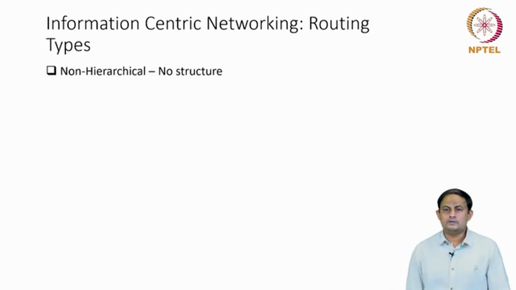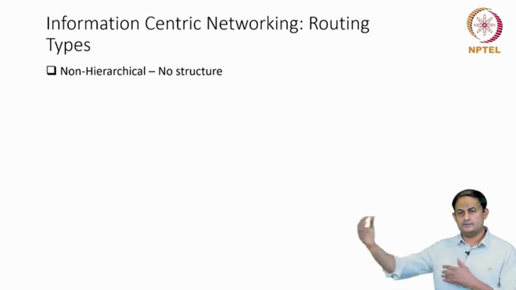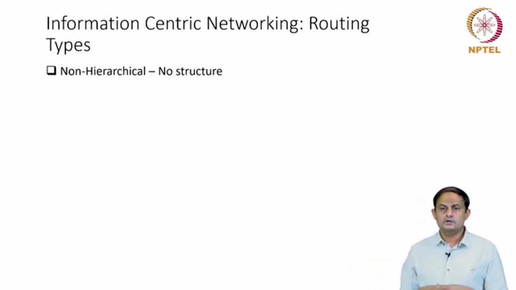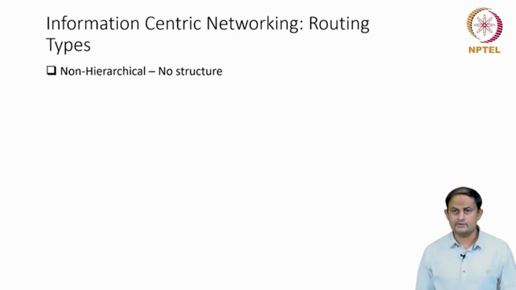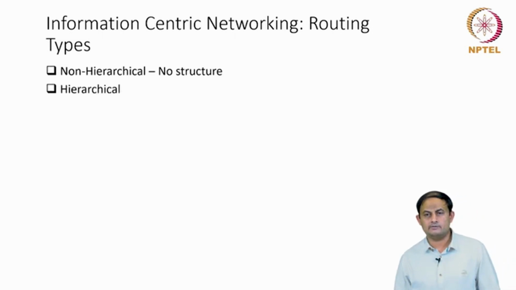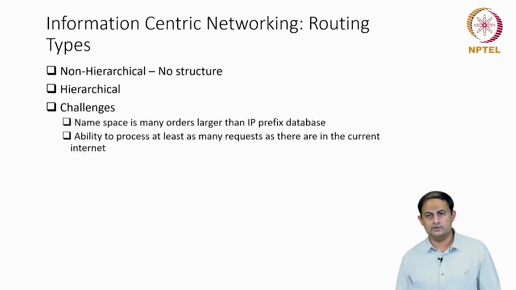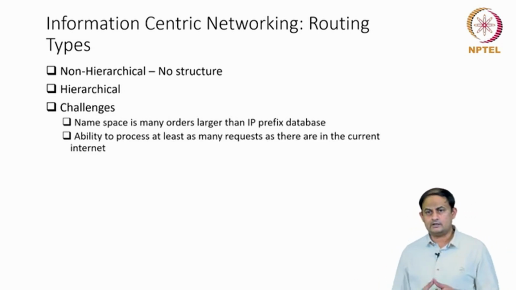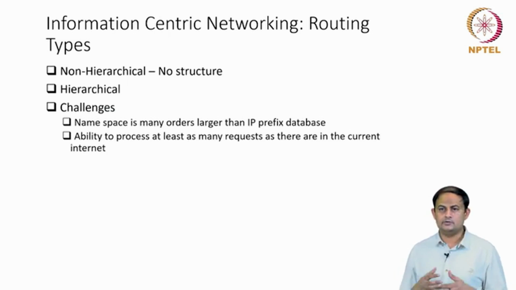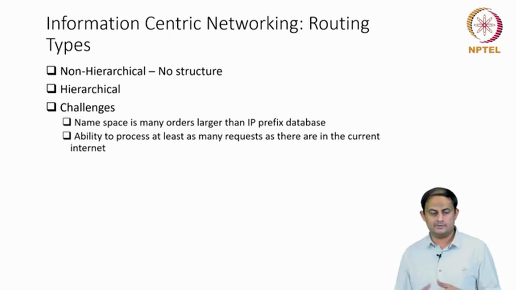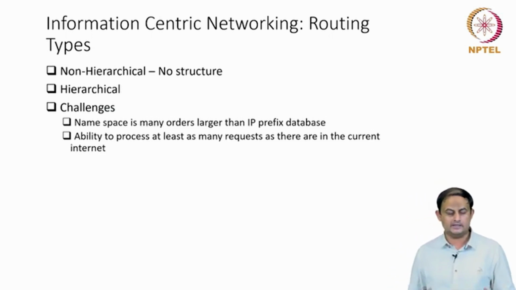So as I said, the naming itself can be of two types. One is the flat naming convention, and the other is the hierarchical naming convention. We said that hierarchical naming conventions are better for building the routing tables. If you use the hierarchical naming convention, then just like IP prefixes aggregate, the name prefixes can be aggregated.